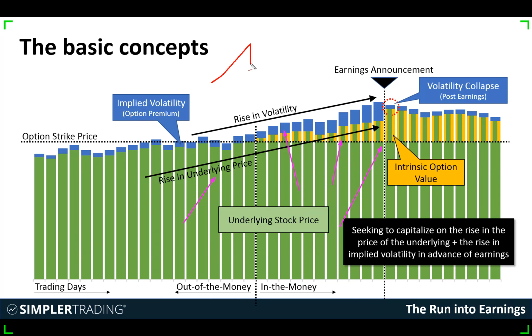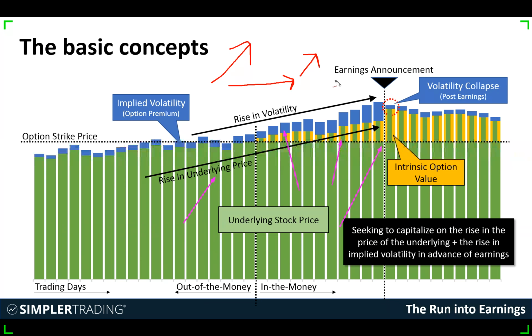But in a lot of instances, even if the stock is pretty flat, you are still going to get a rise in implied volatility going into that earnings report. It reaches peak IV directly before the earnings report, and that's what we're really trying to capitalize on. We're trying to buy it here while it trades higher, sell it here before the actual announcement to take advantage of that rise in IV.